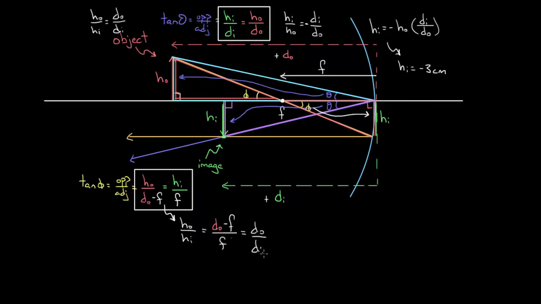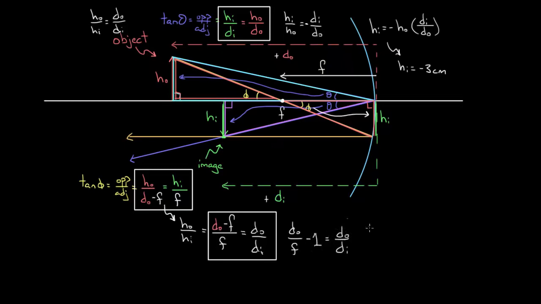So we can set them equal because they're all equal to the same thing, HO over HI. And now we're going to solve this. We're just going to clean it up. The left-hand side is going to be DO over F minus 1, since F over F just equals 1. And that's got to equal DO over DI. And now we can divide both sides by DO.